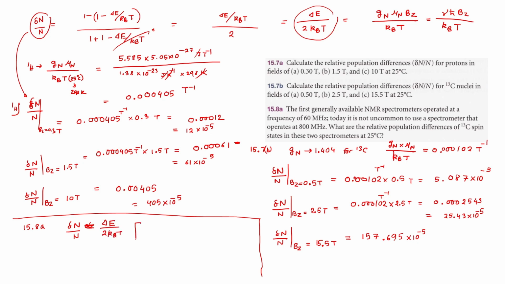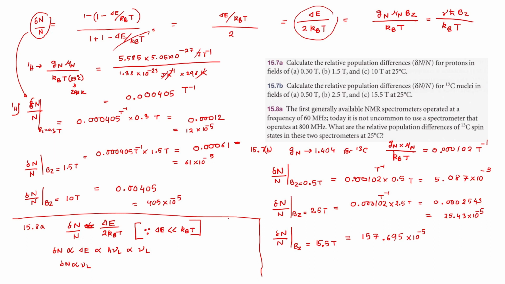But one most important thing is that delta E is very less than kBT, right? This is the important thing, so that we are getting this. So you can understand that your delta n is actually dependent on delta E, and that is your h nu, or you can say nu, right? So delta n actually varies as nu.